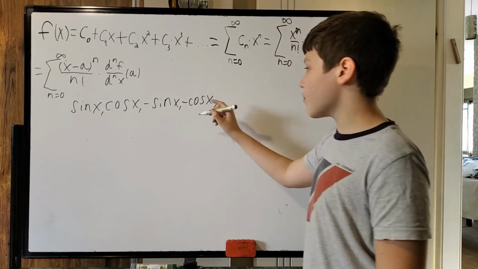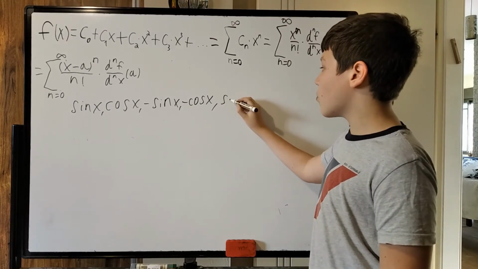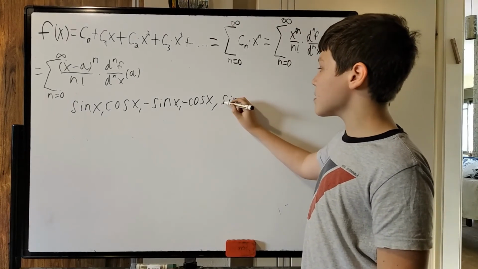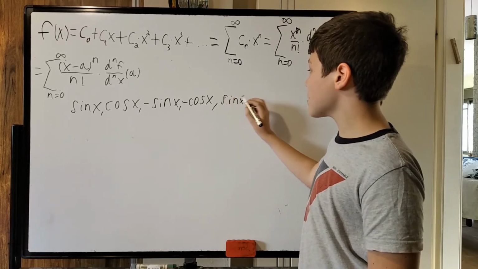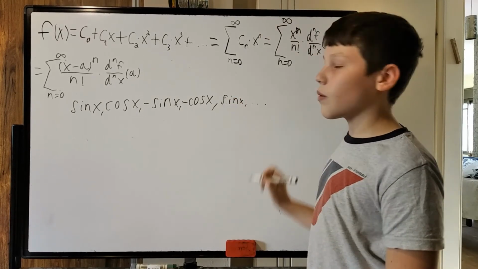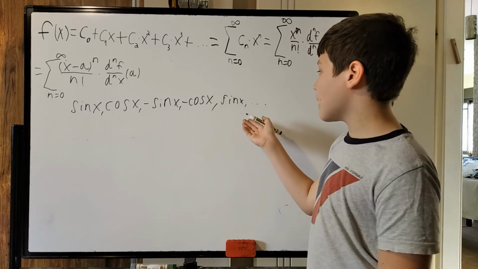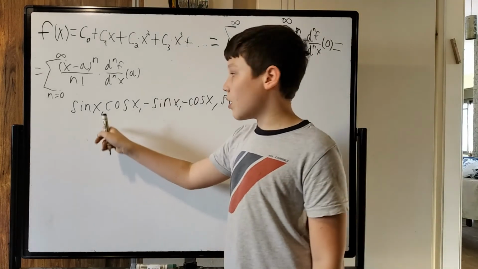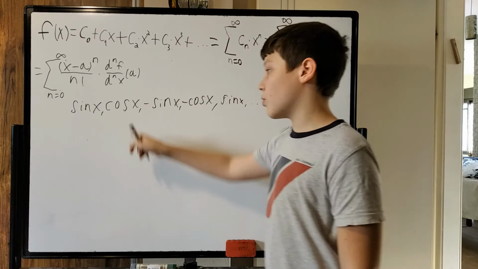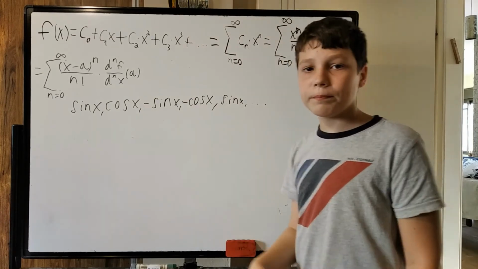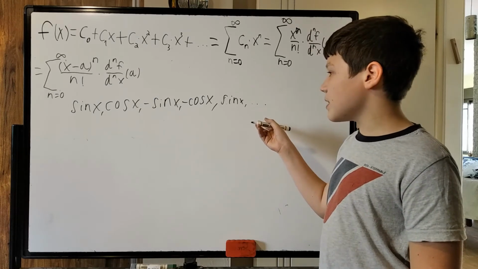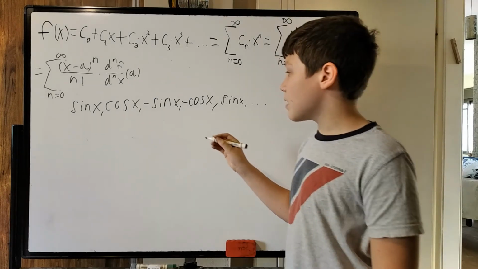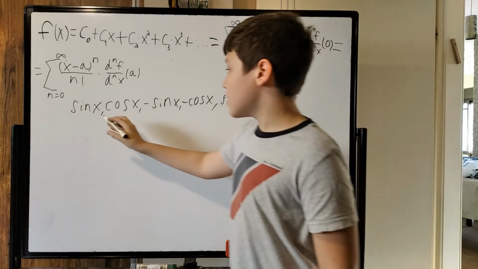And then finally differentiating this, we're back at sine x, and this will continue forever. We'll loop again because again we're taking the derivative of this to get the next one, derivative of this to get the next one. So plugging in 0 is going to turn out like this.